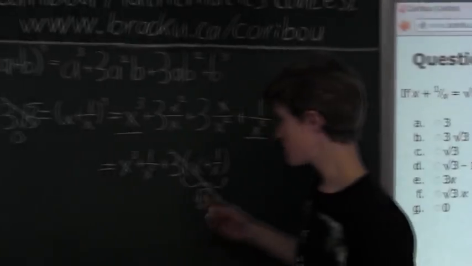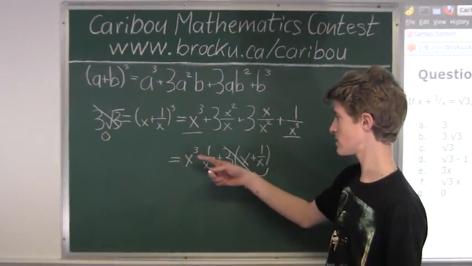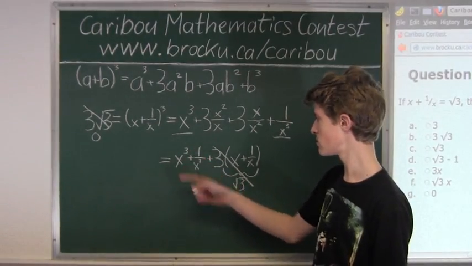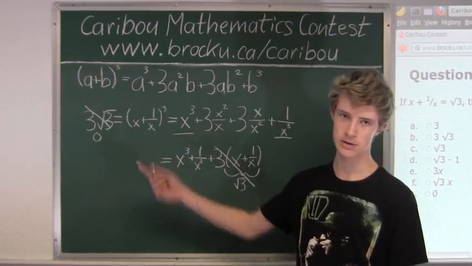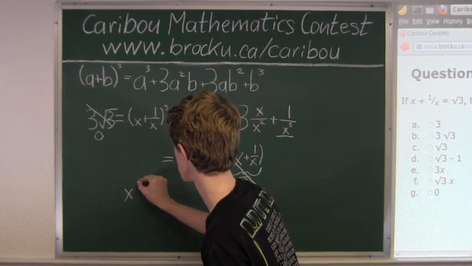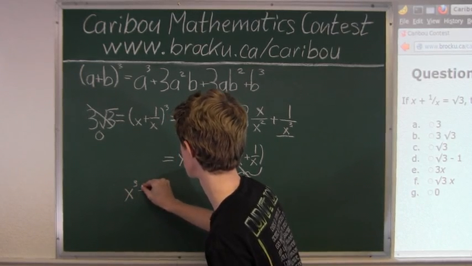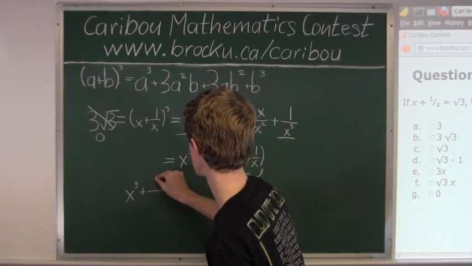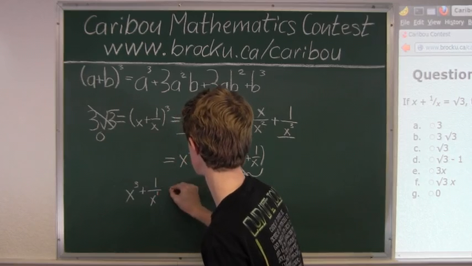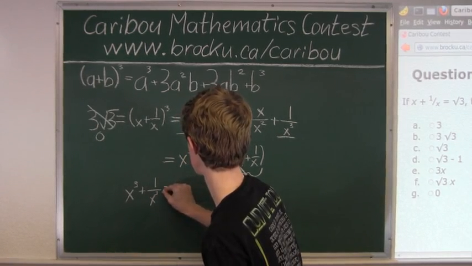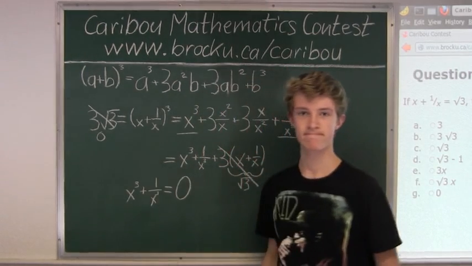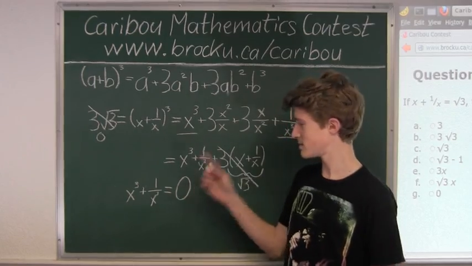So as you can see, we have 0 equals x cubed plus 1 over x cubed, so we know that the sum of these two terms is 0. So we know the answer is 0.